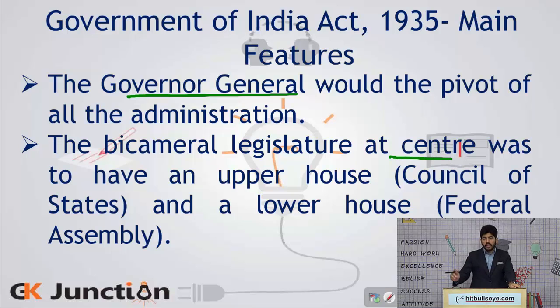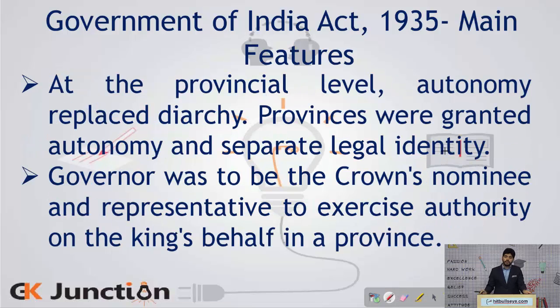At the center again, a bicameral legislature was provided, a lower house and an upper house. It is quite similar in today's time as well, where we are following a bicameral system of legislation. What we discussed earlier was at the central or federal level.